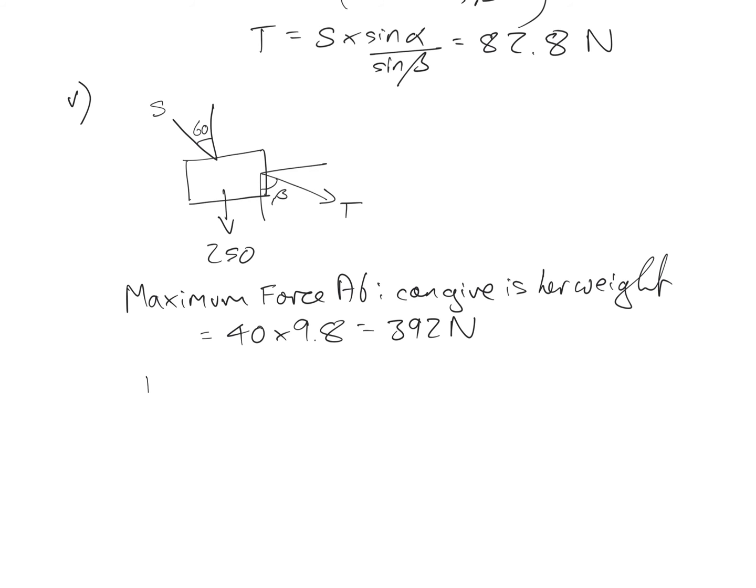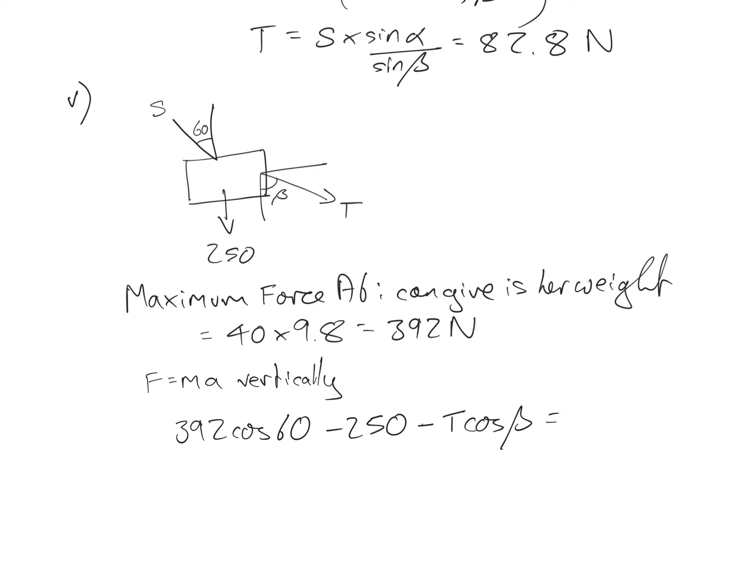If we consider F equals MA vertically, we've got S, which is 392 cos 60, minus 250, minus T cos beta equals 0.